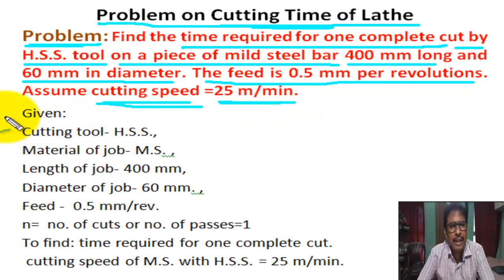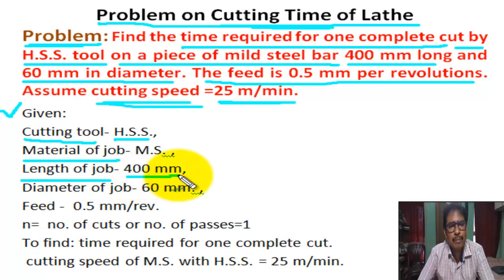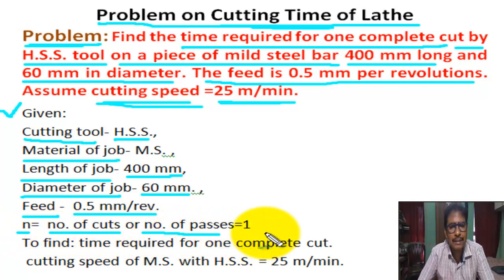Okay. In our problem, given cutting tool is HSS, high speed steel, material of job is MS, mild steel, length of job small l equal to 400 millimeter, diameter of the job capital D equal to 60 millimeter, feed equal to 0.5 millimeter per revolution, n equal to number of cuts or number of passes, here given 1 complete cut.